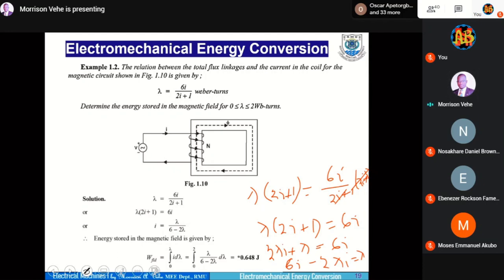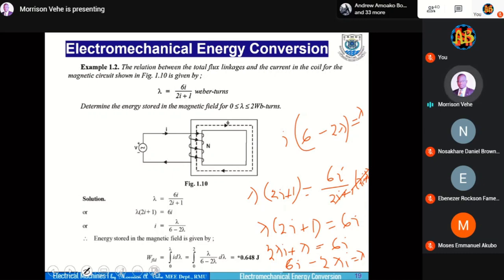We factor out i, so you have i into the bracket 6 minus 2 lambda, which will be equal to lambda.